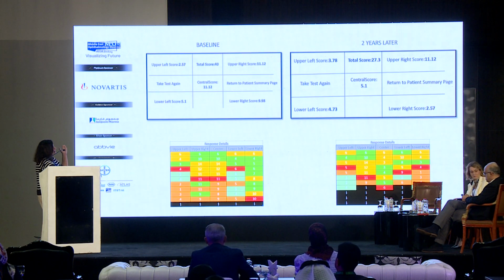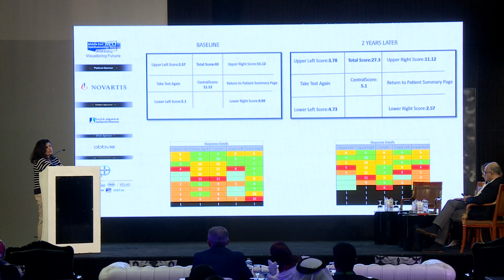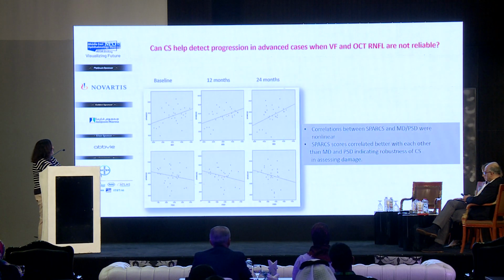If you see in this patient, from baseline to 2 years later, there is a severe drop in the central score as well as in some quadrants in the periphery. This gives us an idea that we need to change our treatment. Either you can add on a drug or you can take up the patient for surgery. This definitely helps in detecting progression because it is a robust tool.